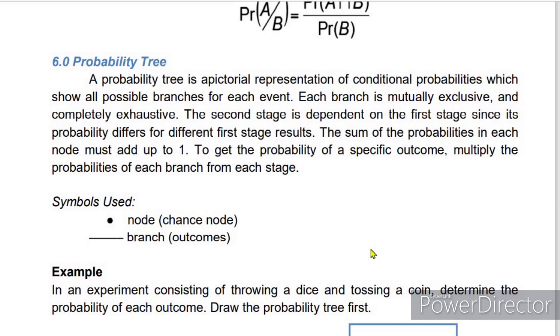Okay? So, the sum of probabilities in each node must add up to 1. To get the probability of a specific outcome, meaning those nodes should share 1 or 100%, multiply the probabilities of each branch from each other. So the symbols use point for node or the chance node, and the dash for branch or outcomes.